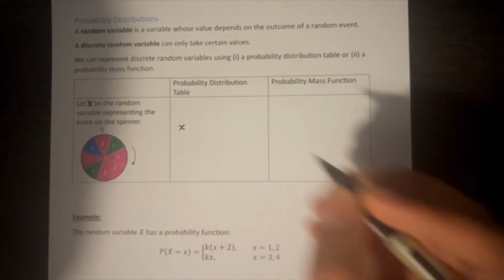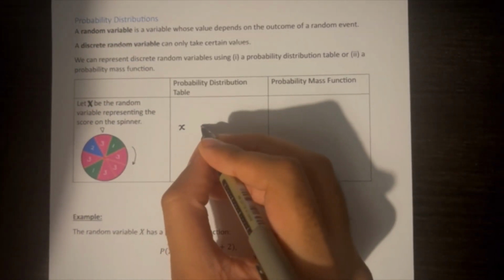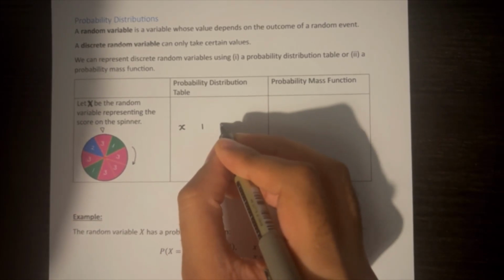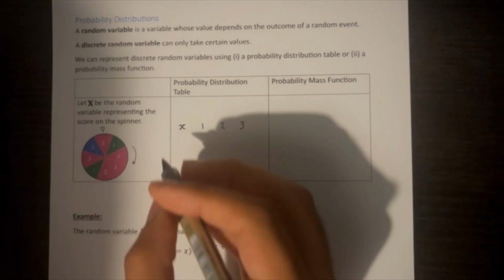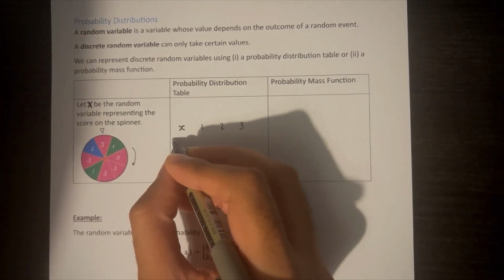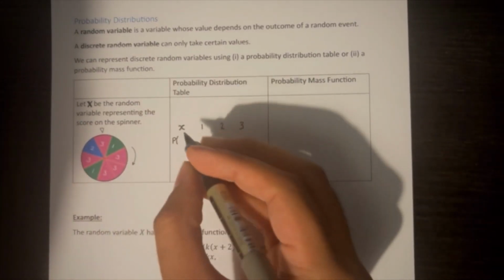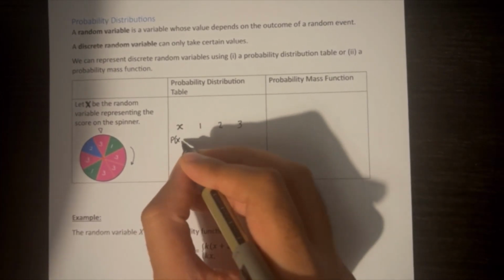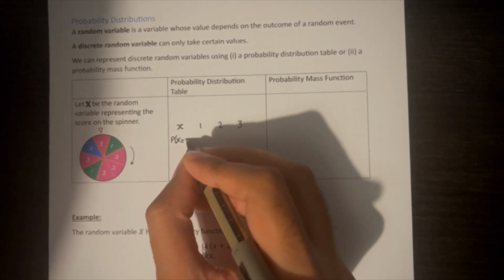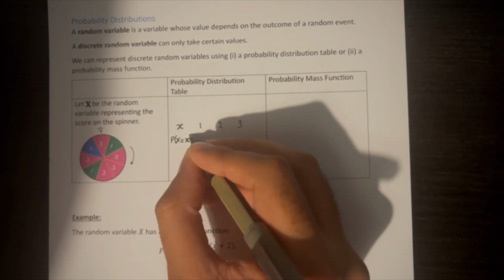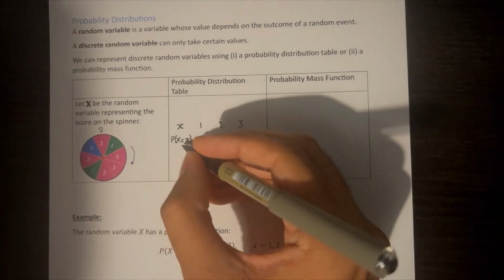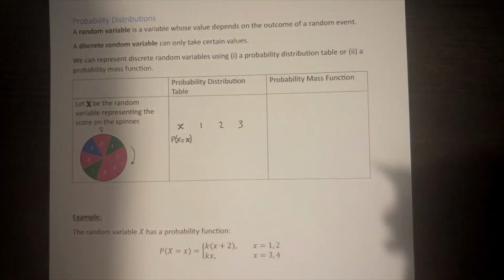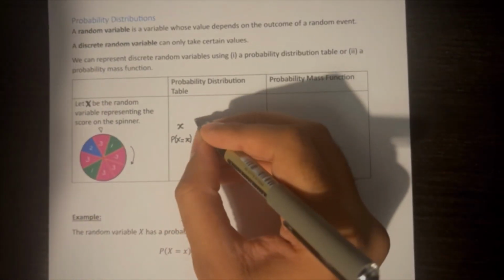I've got my values of x, which are 1, 2 and 3, and within this table we've got the probability that our random variable X is equal to each given x value.